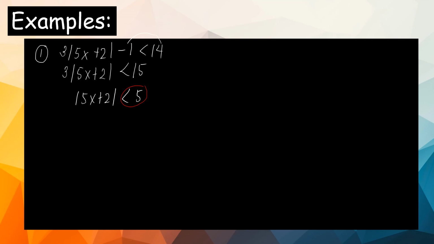It says that if you have the absolute value of u, for example, and u is less than a, and a is greater than 0, meaning it's positive, then the solution of your inequality would be in the form u is greater than negative a but less than a. So we will follow this format here. So let's do that.